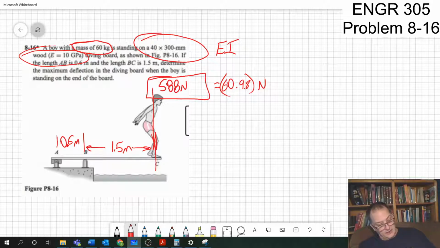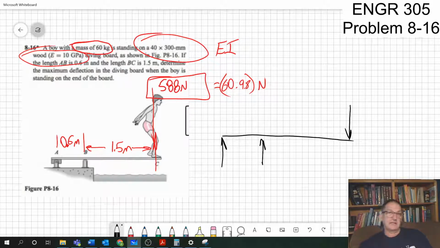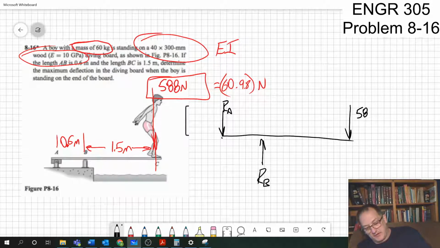Now I can do a proper free body diagram. I'm going to have a reaction force here, and I've got the weight of the diver here. And if you look at this, you realize that's not right. It's this. My reaction at A pulls that down. My reaction at B pulls that up. And here's my 588 newtons.